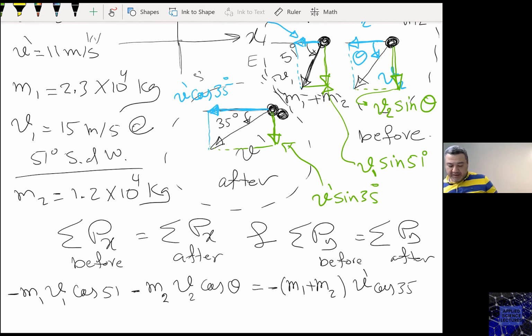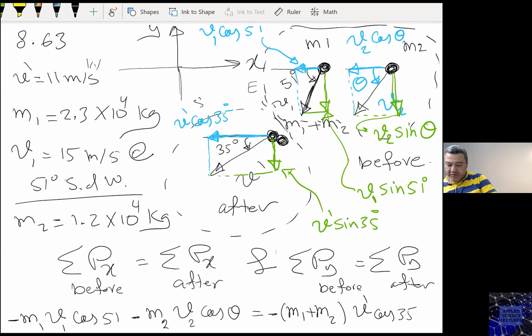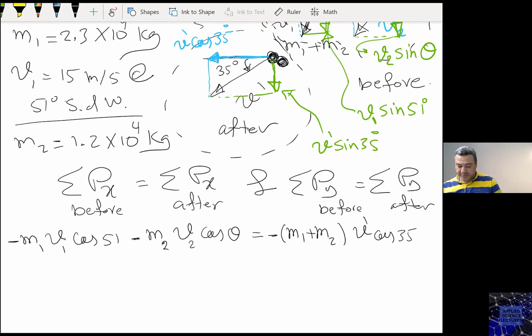So I have minus m1 v1 cosine 51, which is this one, minus m2 v2 cosine theta equals to minus (m1 plus m2) v prime cosine 35. Yeah, so this is the first equation.